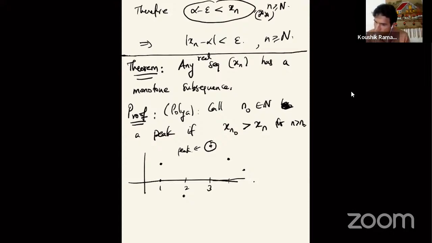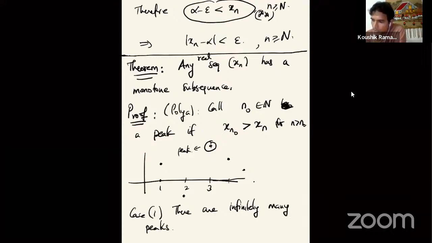So there are two cases. We are going to deduce the existence of this monotone subsequence by two cases. Case 1, there are infinitely many peaks. So what happens if there are infinitely many peaks? Maybe this circled point, 3, is a peak. Let me draw a few more.